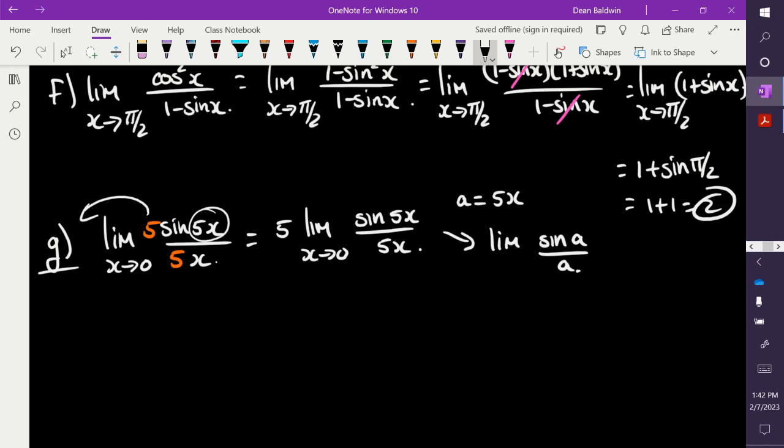It's going towards 0, right? As x goes to 0, it goes to 0. Does that make sense? Not said with a lot of confidence. So as x goes to 0, then a goes to 0 as well. That's the point here.